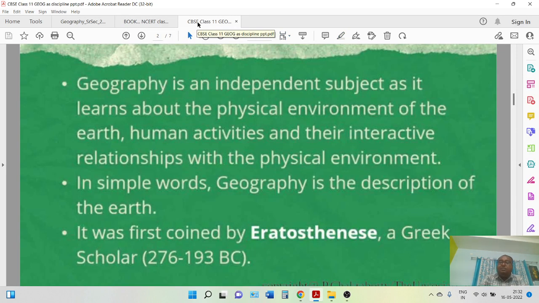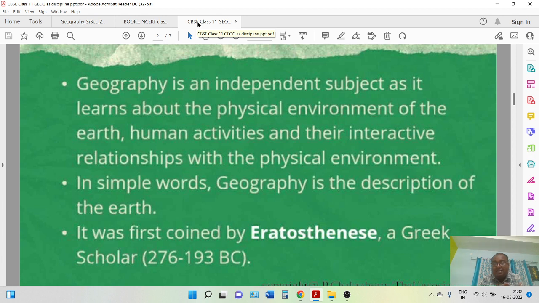In simple words, geography is the description of the earth. If I take the term geography, there we get geo, G-E-O, and on the other side graphy, G-R-A-P-H-Y. Geo means earth and graphy means description.